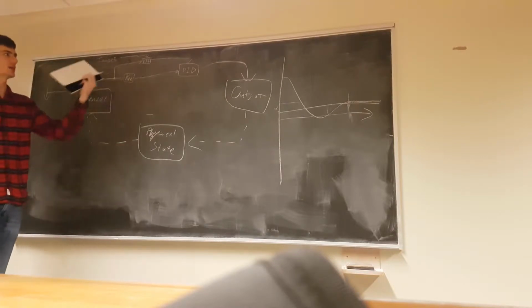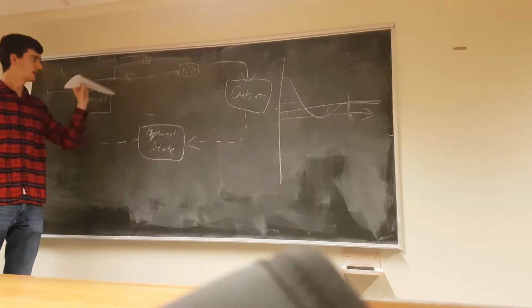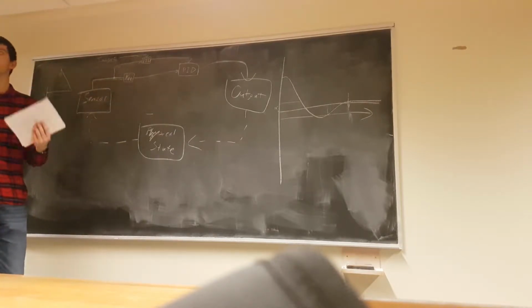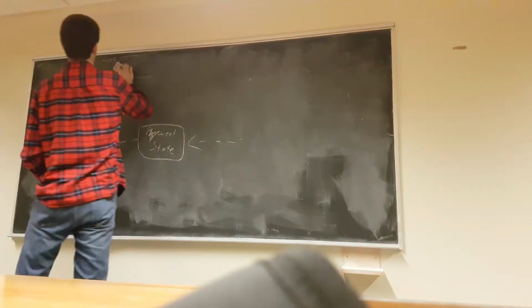We've already taken into account the position, but we want to directly control the velocity. So we need to take our input and do some mathematical transformation to get the velocity so we can control it. Keep that in mind.